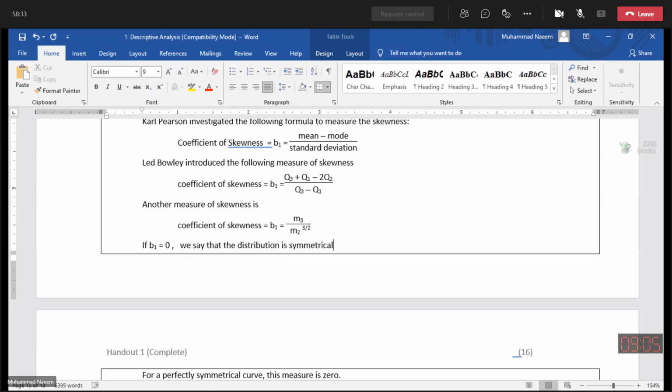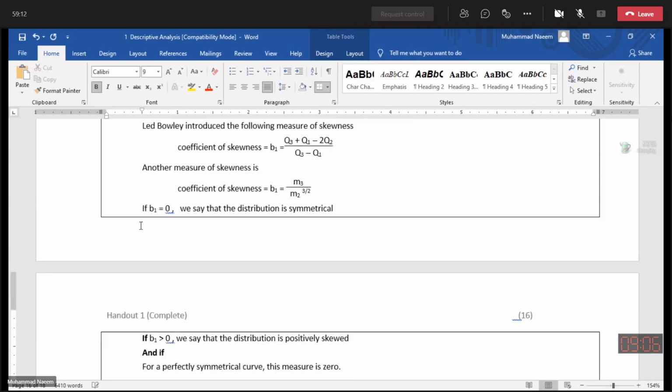If B1 is greater than 0, we say that the distribution is positively skewed, and if B1 is less than 0, meaning negative, then the distribution is negatively skewed.